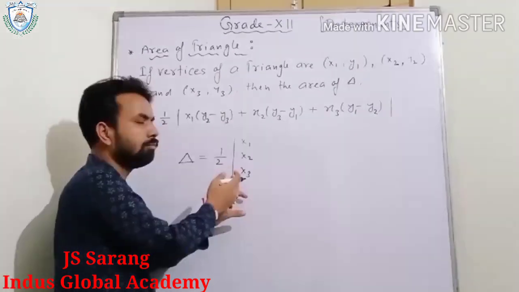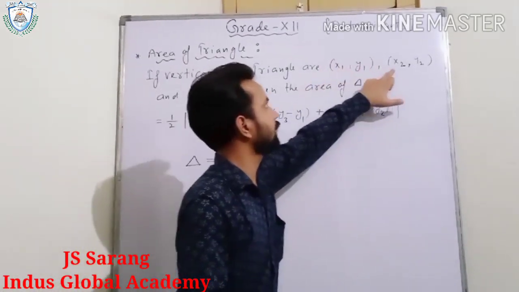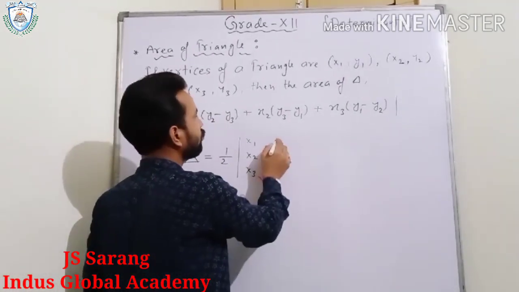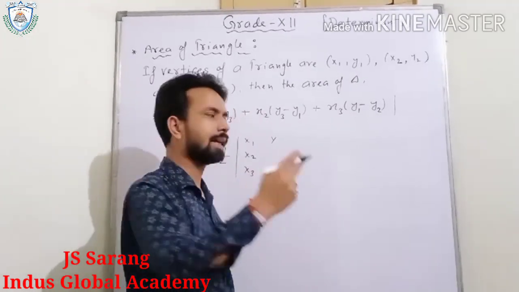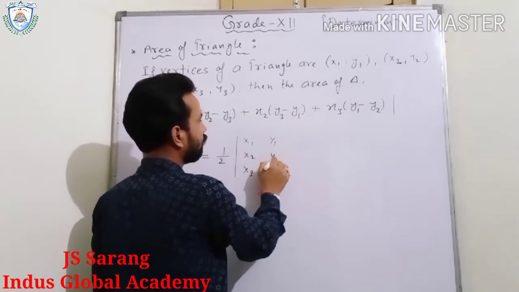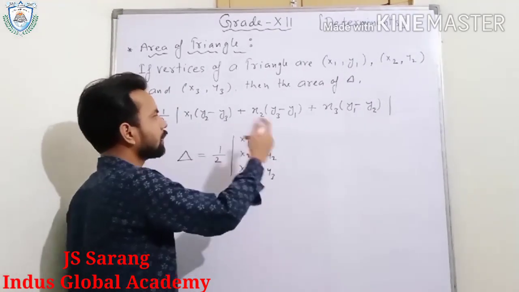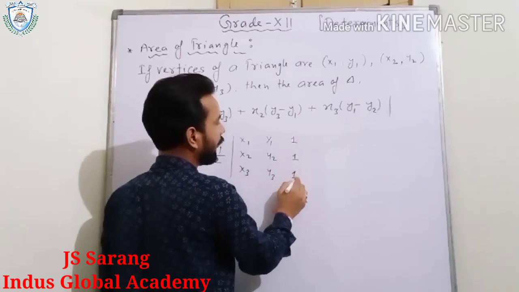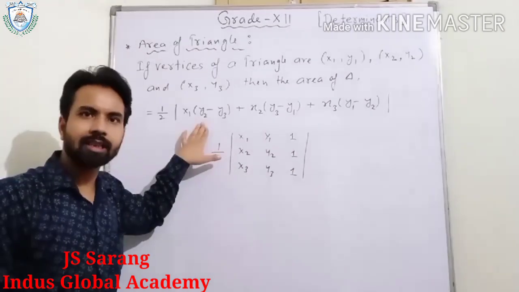In the second column, we write the ordinates, the points which lie on the y-axis, that is y1, y2 and y3. And in the third column, we put 1, 1 and 1. This is the determinant form of this expression.